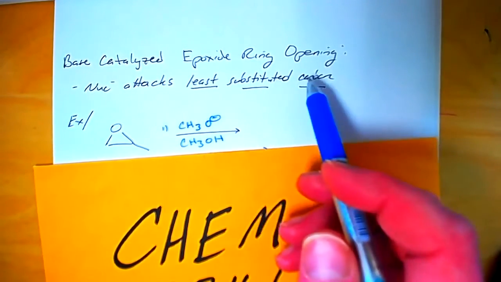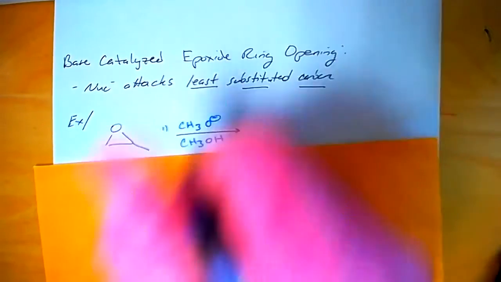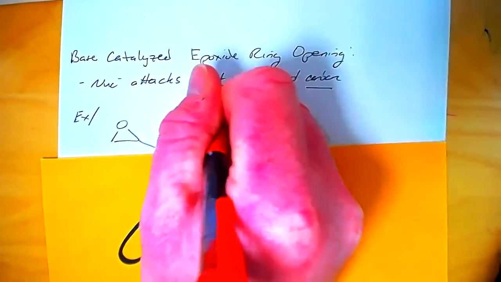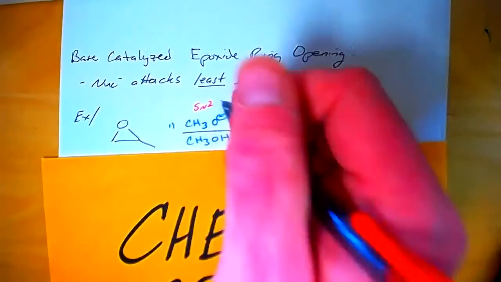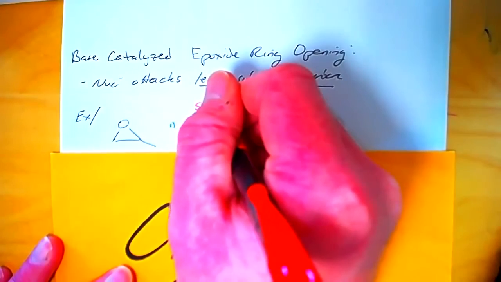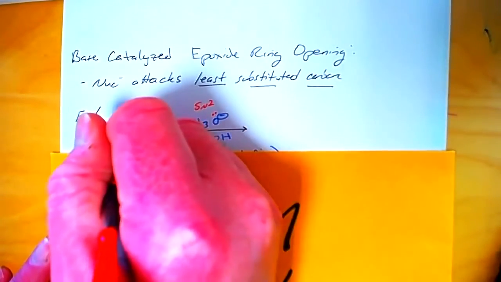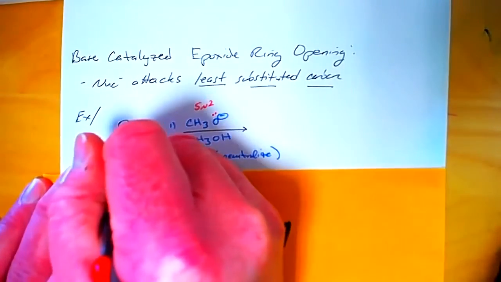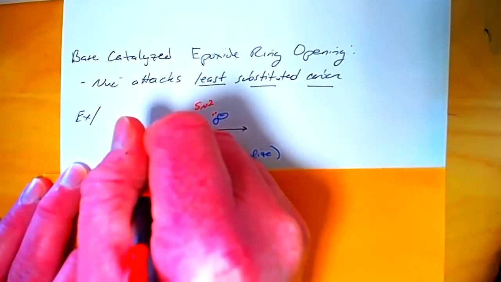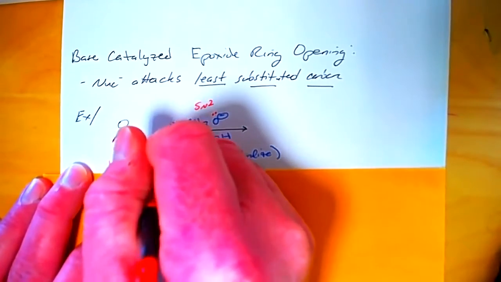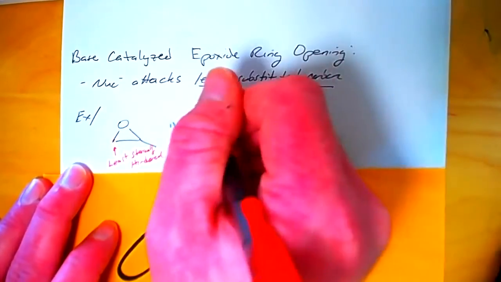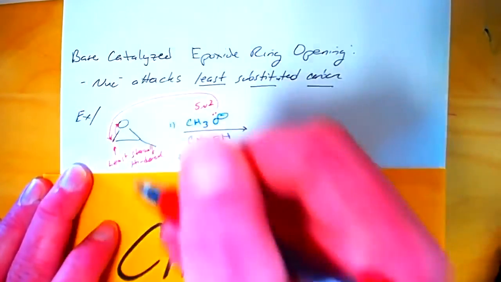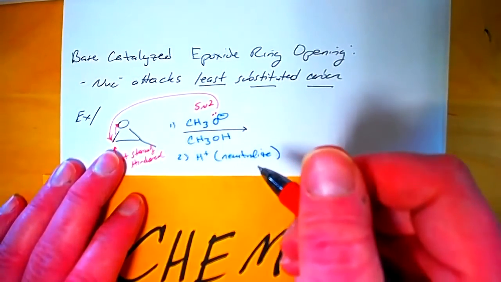Well, then it's going to attack the least substituted carbon because it's going to be doing a straight SN2 reaction. And so that means that the oxygen lone pair is going to want to go after the least sterically hindered face. So it's going to open it up and do a straight SN2 reaction.